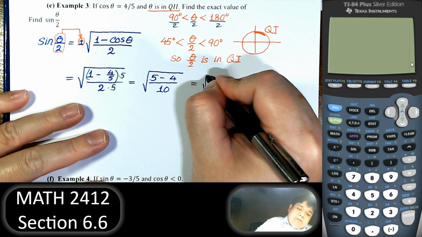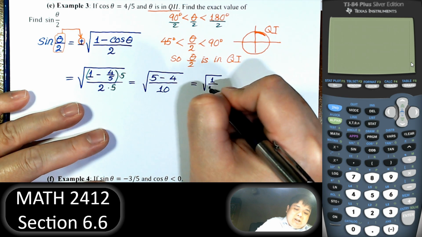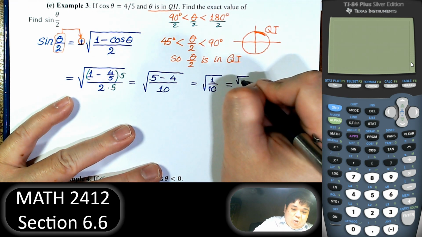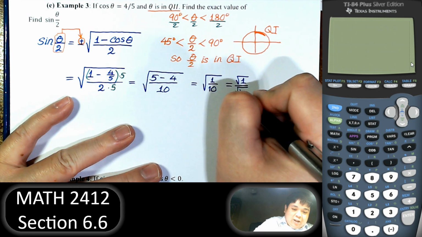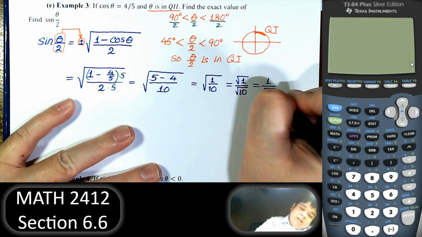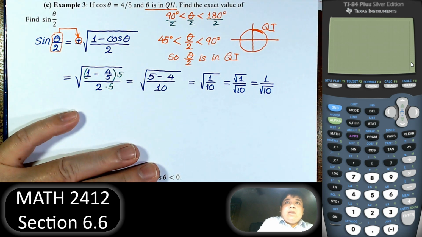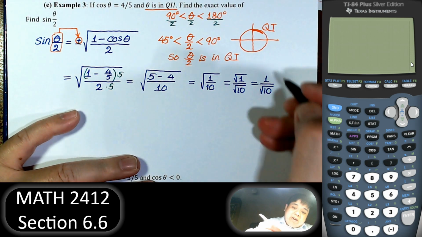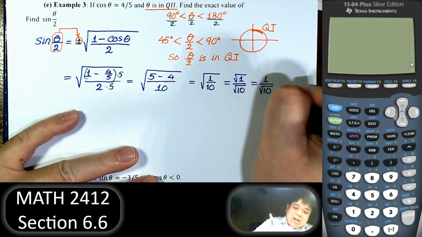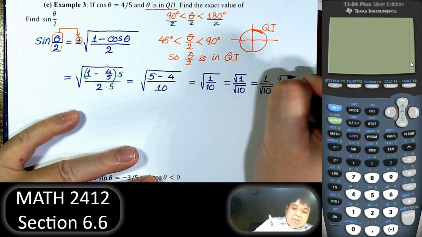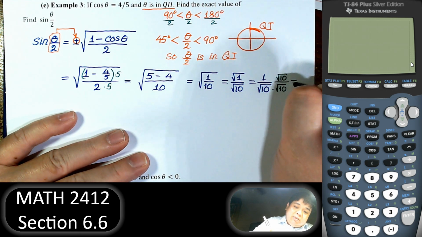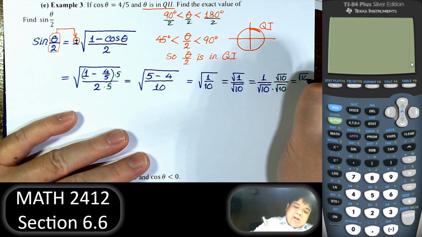So we have square root of 1 over 10, which is 1 over square root of 10. If we want to rationalize the denominator, meaning we don't want the square root at the bottom, just multiply square root of 10 top and bottom. That gives us square root of 10 over 10.